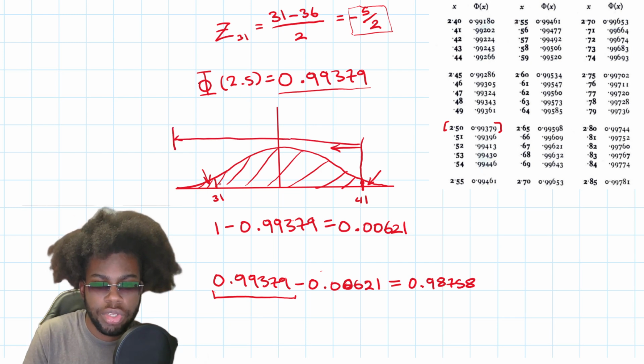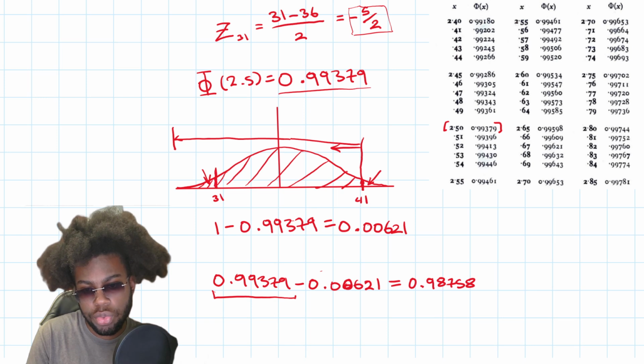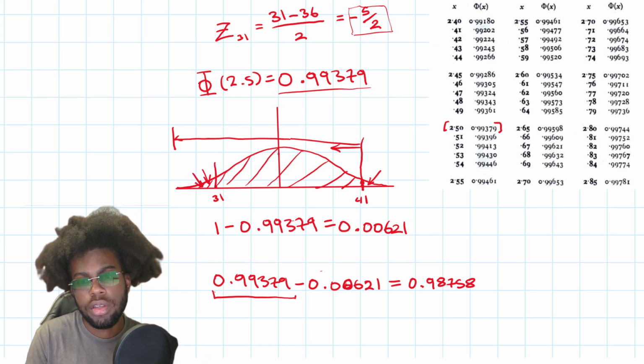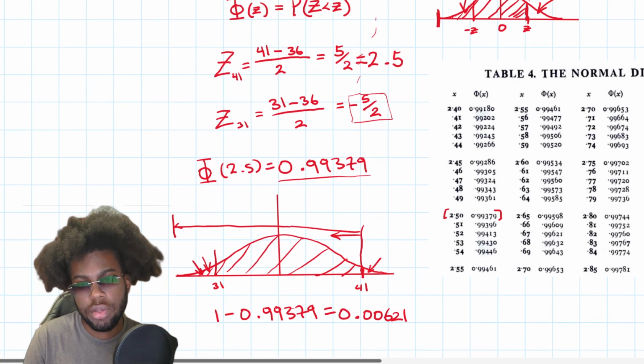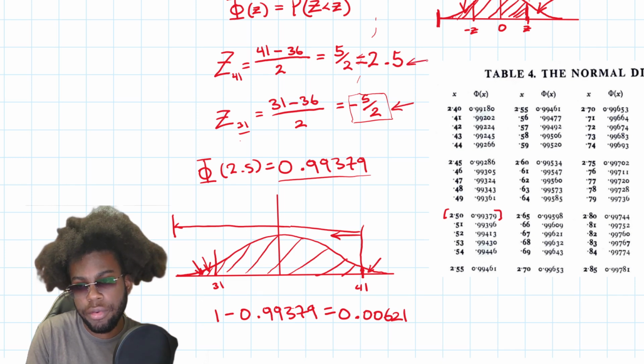But what we do is that we want to subtract as well at 31. We want to subtract this area back here. And it was quite conveniently given to us in this question that the z value for 31 was just equal to the negative of the z value for 41.